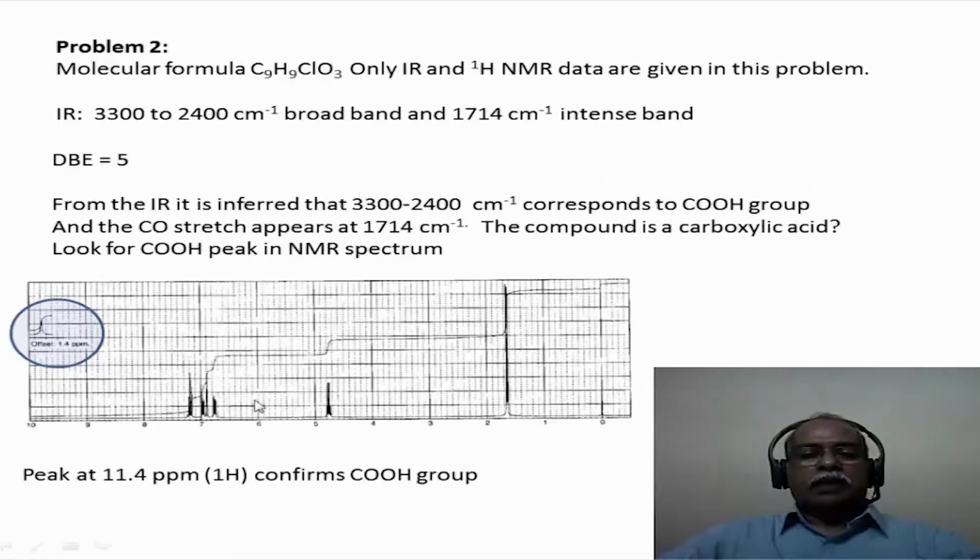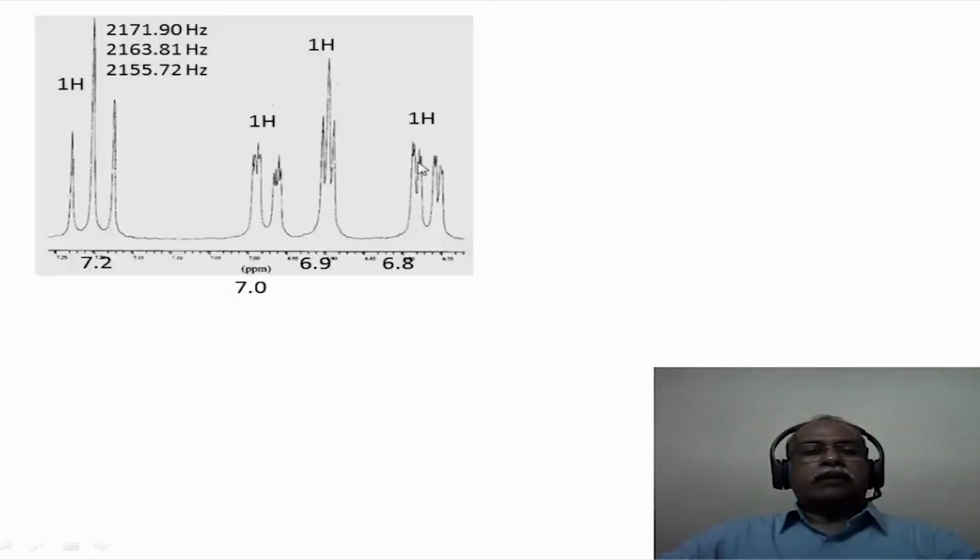Now, this aromatic region, between 6.9 and about 7.4 ppm, is expanded. The expansion is shown here very clearly. This is a triplet, and the frequency of the three-line pattern is very clearly shown. This corresponds to about 7.1 ppm.